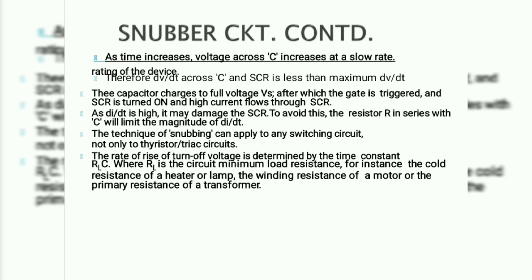You can see here the capacitor charges to full voltage Vs only after the gate is triggered, which means the SCR is turned on. So this is the working of the snubber circuit. It is going to bypass the voltage.